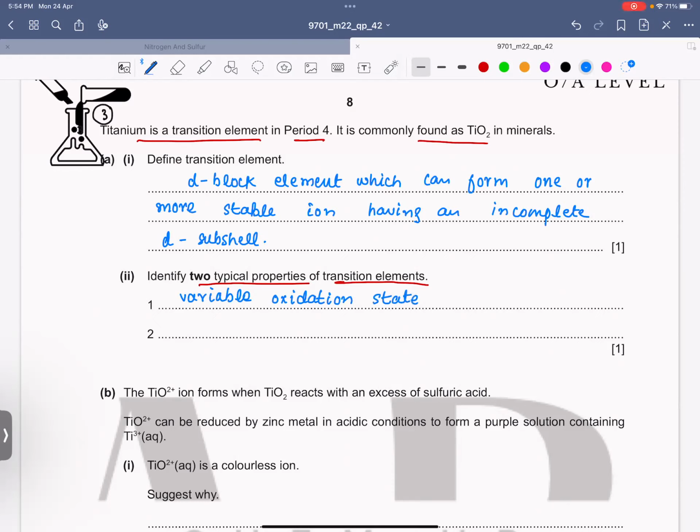They form colored compounds. They behave as a catalyst. So these can be the properties which can be written over here. Further, they form complex ions as well.